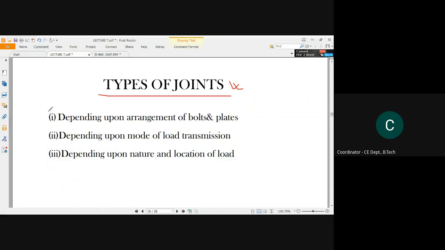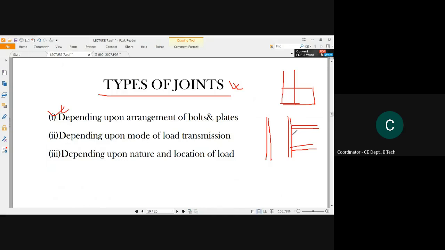So what does the first one say? See, this is a member, this is another member. Okay, so how the member is connected, say, this can be an I section, and this is another I section.